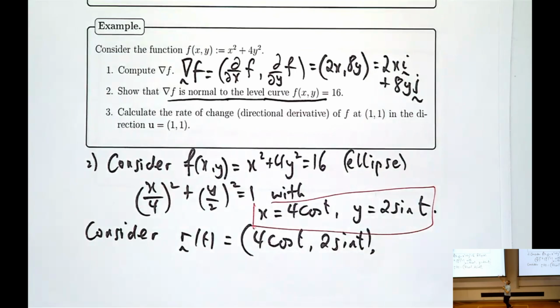Now, what do we need to do? We want to show that the gradient vector, grad f, is normal to the curve. So what is the relationship between the r vector and the gradient? If we want to show something's perpendicular, what's one way of doing it using vectors?